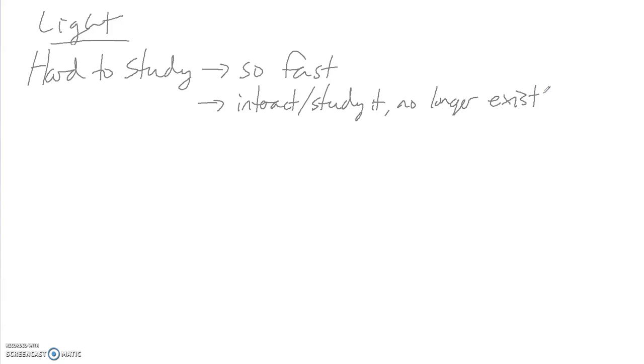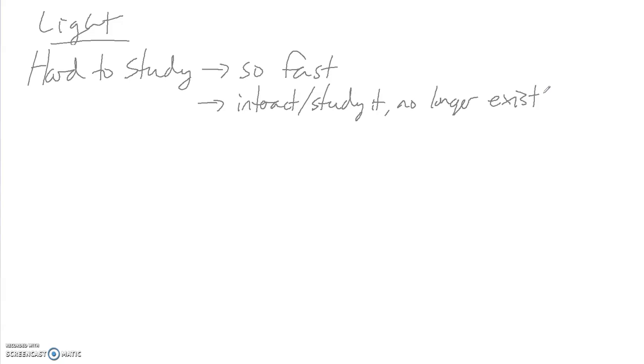Light is one of those very few things out there that you never actually get to study in its true form. If you're going to study a car and how a car moves, you can watch the car and the car still exists. But light doesn't exist once you observe it.